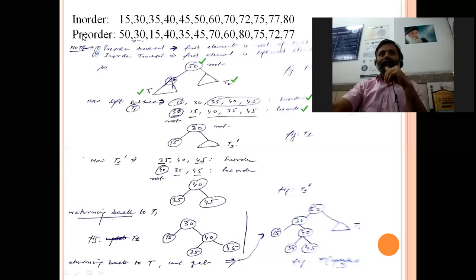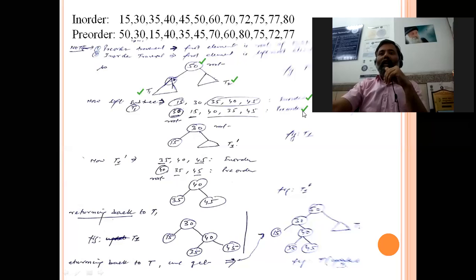Similarly, in pre-order you can see 30, 15, 40, 35 and 45. These five elements will be the pre-order traversal of T1. So we got the pre-order and in-order traversing of T1.